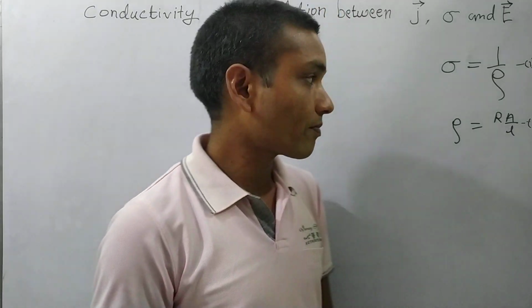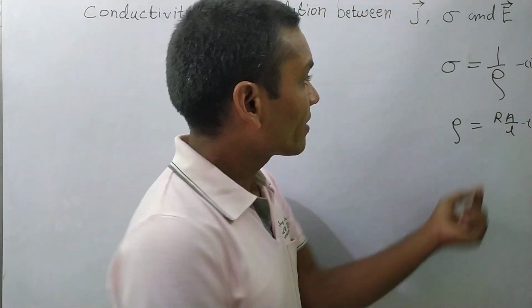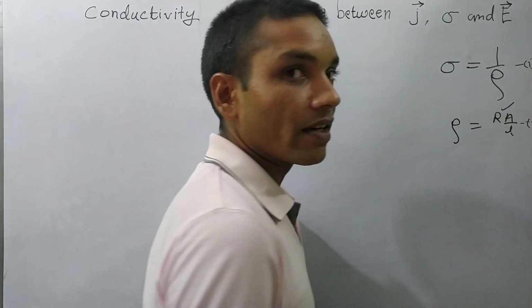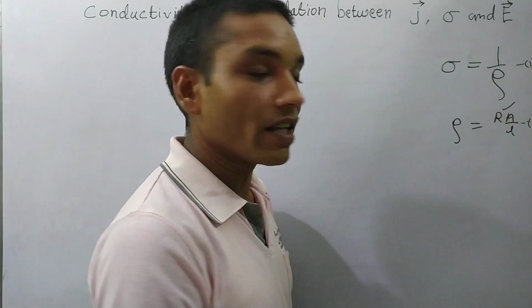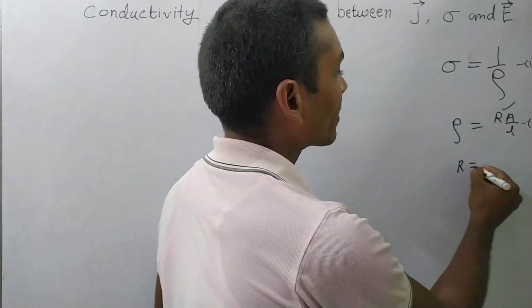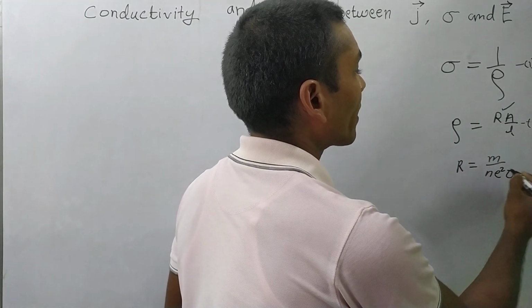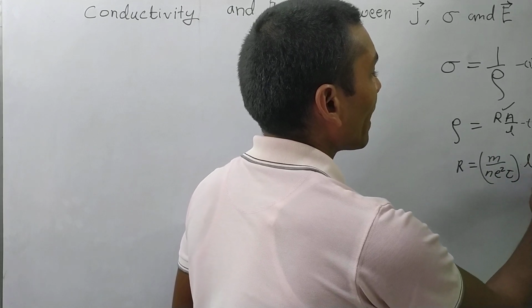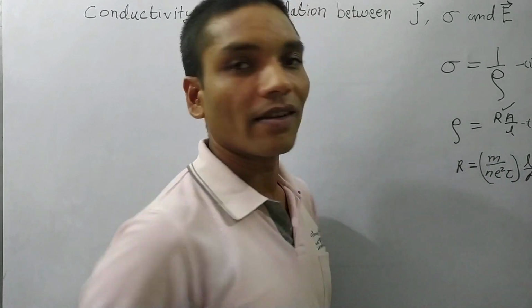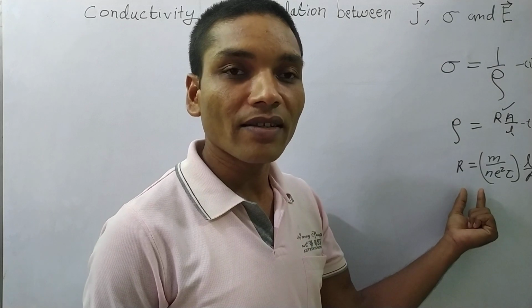Now we know that the formula of resistance of any conductor is R equal to m upon n e square tau into L upon A. This is the value of resistance.